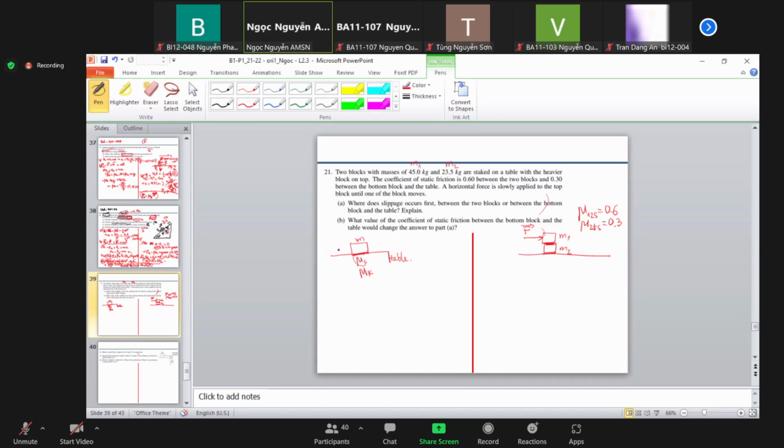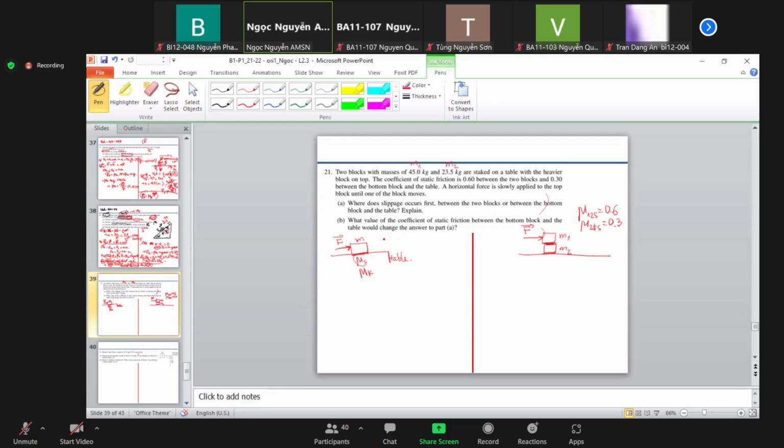Now we're acting a force on the mass. At the beginning, the force is just so small. The object doesn't move, right?